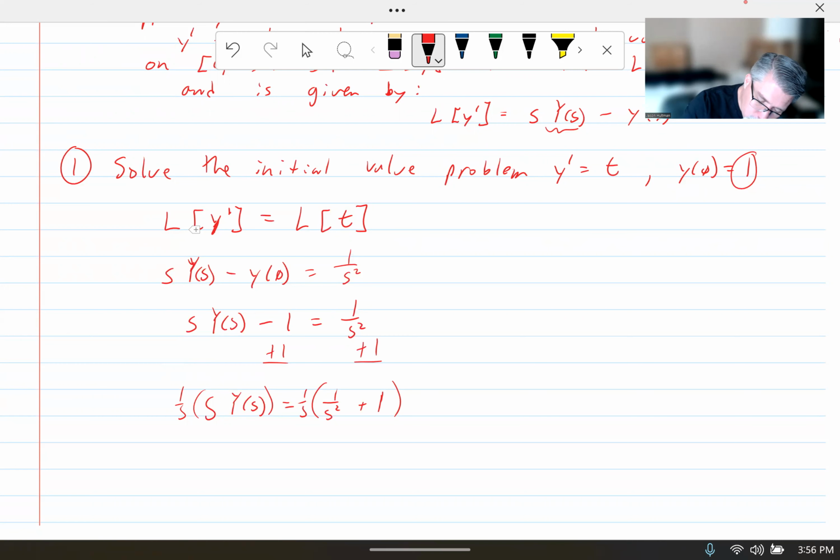Y of s is equal to, distributing the 1 over s, 1 over s cubed plus 1 over s. And now what do I want to do? Well, I have this as a Laplace transform of y. So if I do the inverse Laplace transform of Y of s, I should just get y of t, my solution to my differential equation.